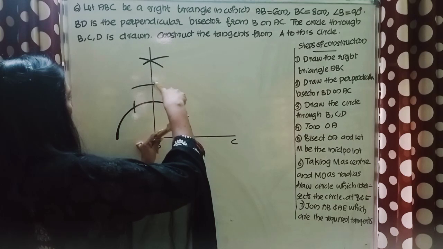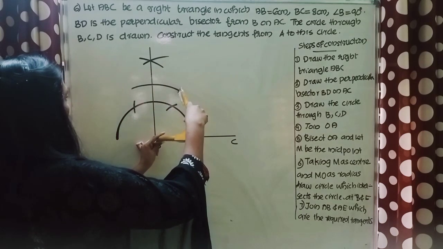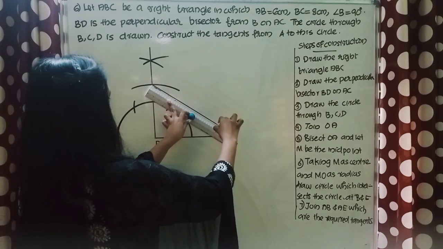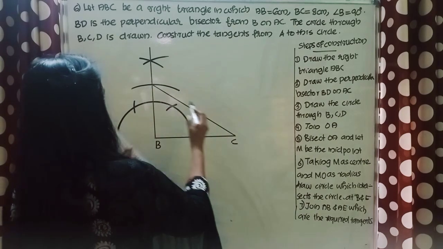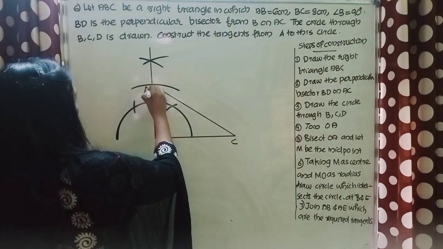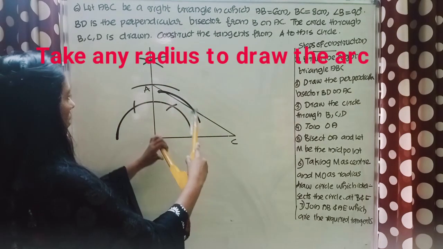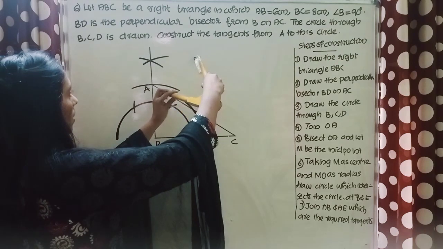Now mark the point A 6 cm above and join AC. Now the right triangle ABC is formed. Now let us draw the perpendicular BD on AC.